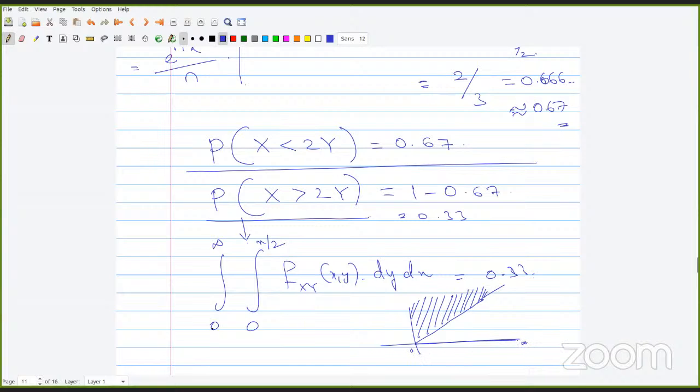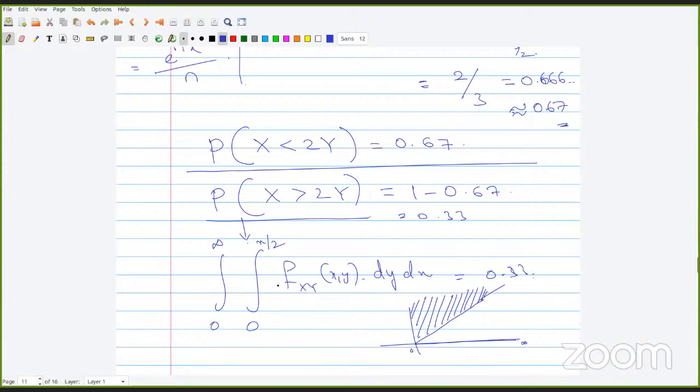This actually means that for one value of x, we are integrating y, and next we are integrating over all the x's. You fix one x and we integrate along that x, and later we integrate x from 0 to infinity. That is how the double integration works.